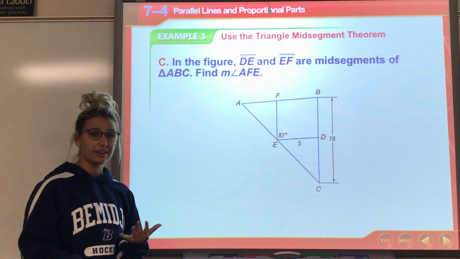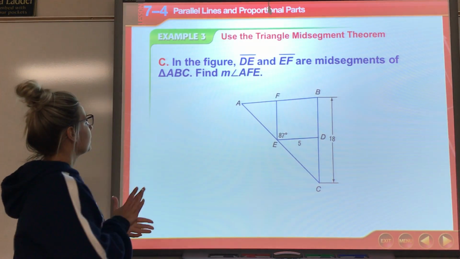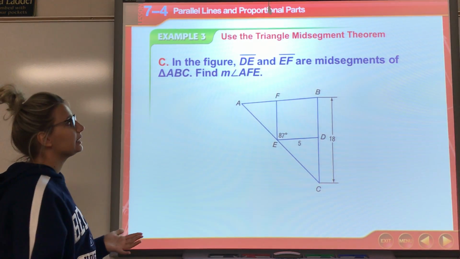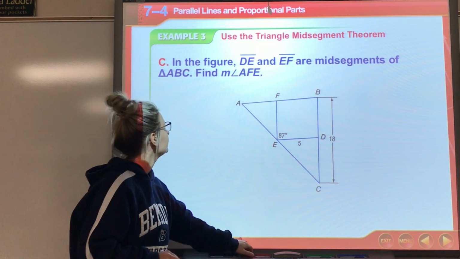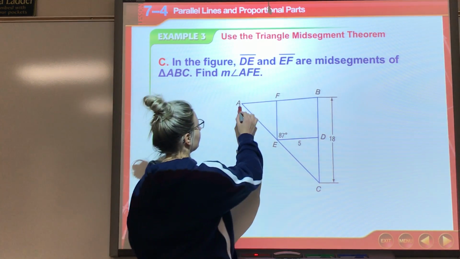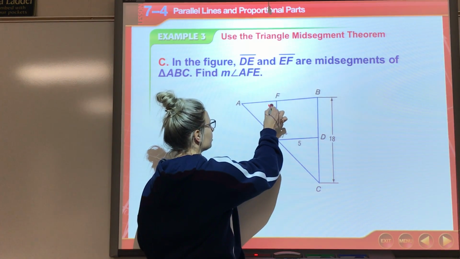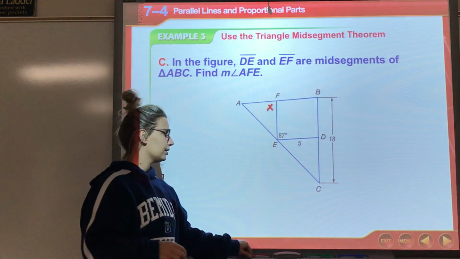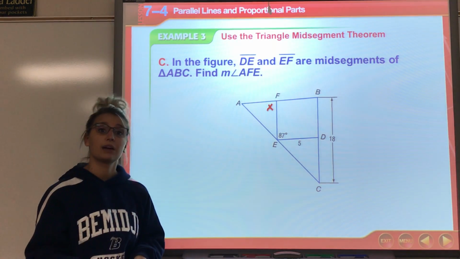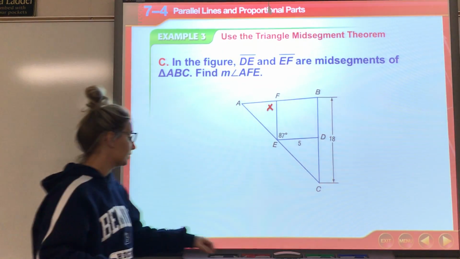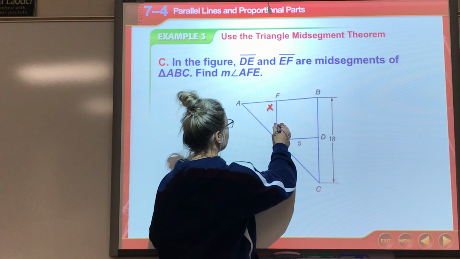One last example here. Now we're looking at angles. We're still given that DE and EF are mid-segments of triangle ABC. Now we have to find the measure of angle AFE. So I'm just going to write this X right here. This is where we have to apply a little bit of thinking and apply some stuff that we know about parallel lines.